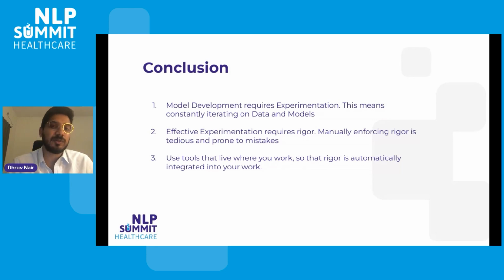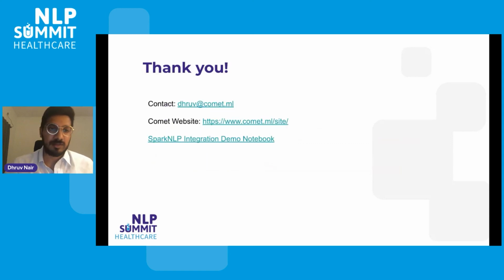So, in order to alleviate that, we have to use tools that live where we work, so that rigor is automatically integrated into the work and we as ML practitioners can focus on developing models and not on making sure that we are reporting any and all data that could be relevant to the experimentation task.